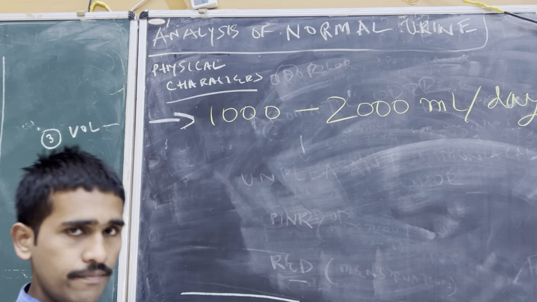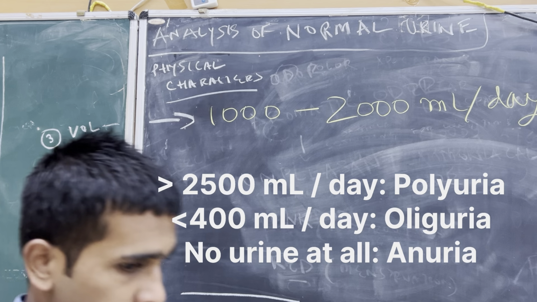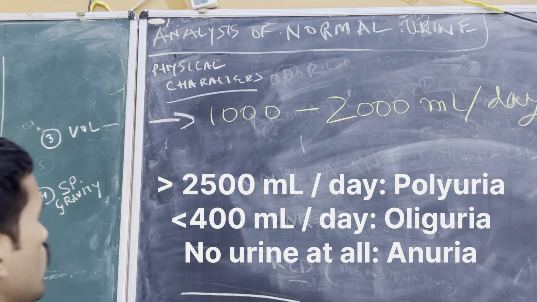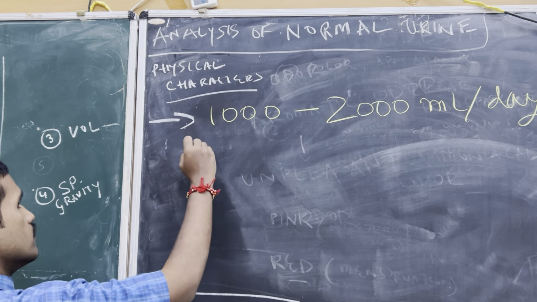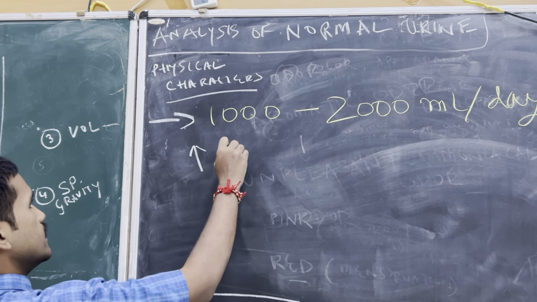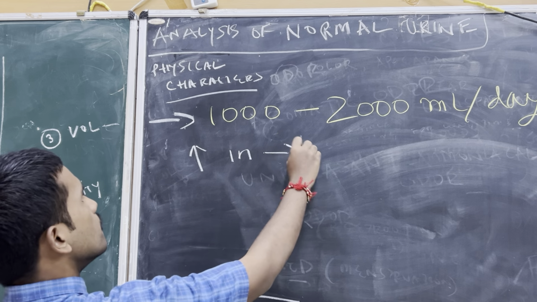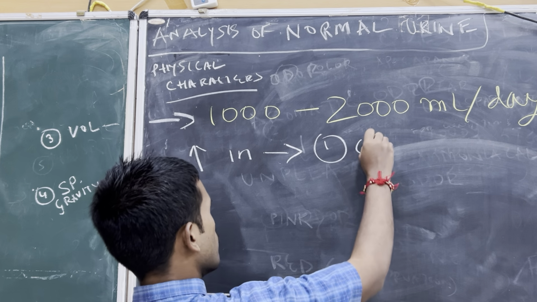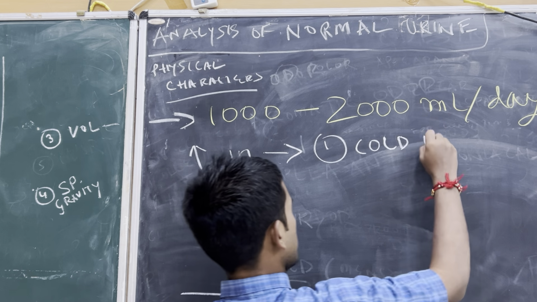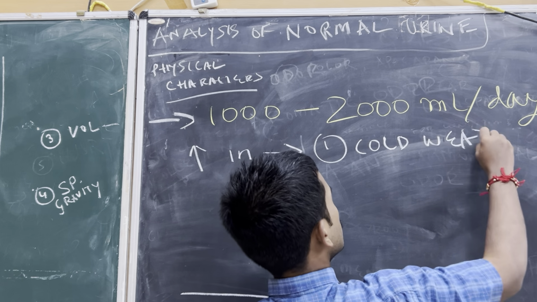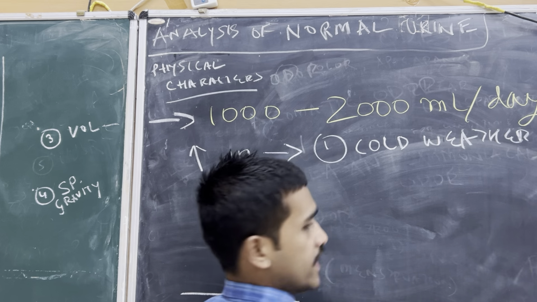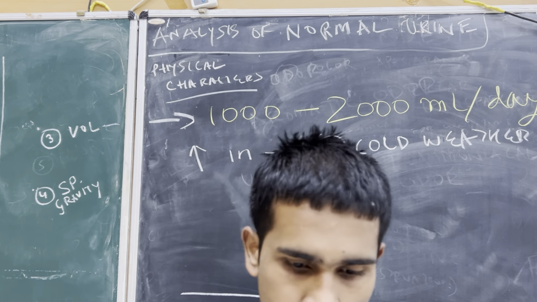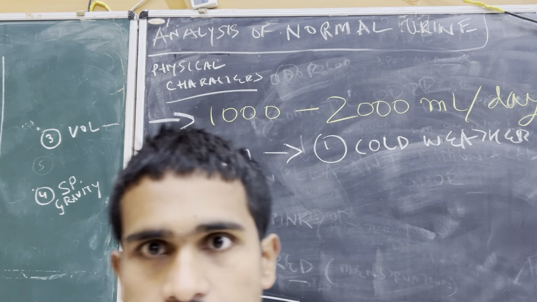That is in a healthy person. So in which conditions can this be altered? This can be increased in cold weather conditions. We all know that in winter we tend to void more urine.